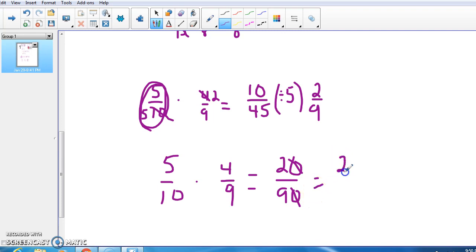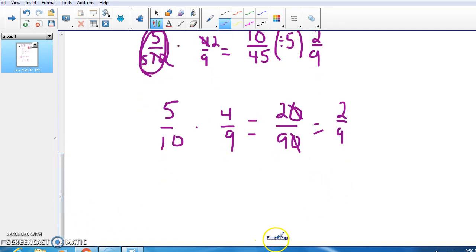So there's a couple ways you could have gone about this. In the end, I hope you recognize that 2/9 is your answer. You could simplify it by looking at the cross multiples and reducing, or you could simplify it by having your end answer and reducing. Either way is going to work out. You're going to get the same answer.